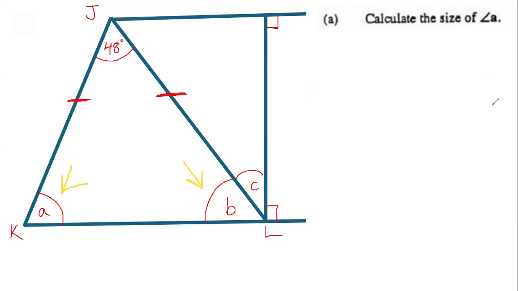The first thing we're going to do is subtract. 180 degrees minus 48 degrees. That's going to be equal to what? 180 minus 48.